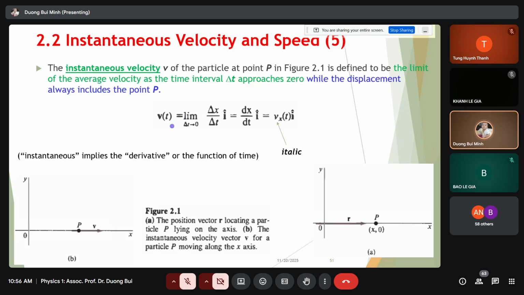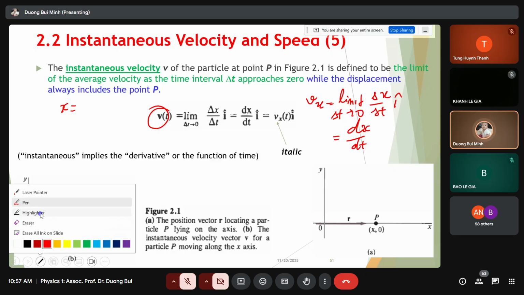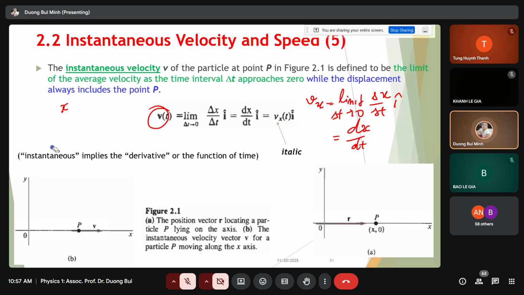When we calculate the instantaneous velocity with x, this is the limit of delta x over delta t as delta t approaches 0, or we just take the first derivative of x with respect to time, because x is position, and position is a function of time, so we can say it's x(t).